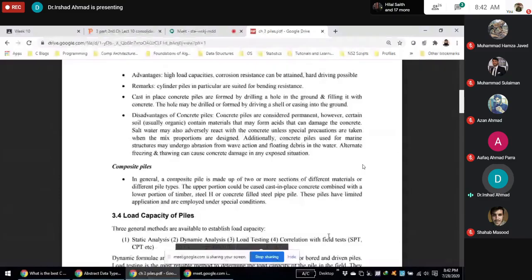Disadvantage of concrete piles: concrete piles are considered permanent. However, certain soils, usually organic, contain materials that may form acid. So the soil that you are going to put your pile in must be tested for different aggressive materials, chemicals that are present, and accordingly you treat the soil, or you use a special kind of cement in your pile construction.